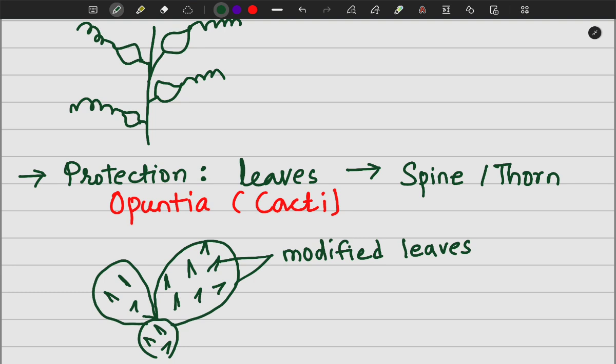In order to conserve water, these leaves modify themselves into spines so that the water loss is minimum. This we also studied in the modification of stem. If you remember, we studied about opuntia and euphorbia, right? So this is the modification for protection.